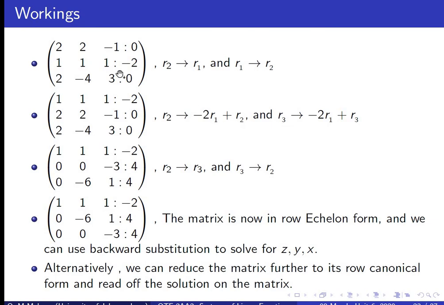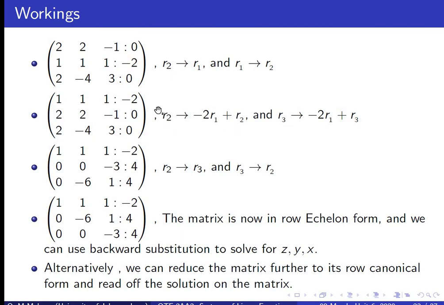Row 2 changes, but row 1 remains as is. -2 times row 1 is -2, plus 2, I get 0. -2 plus 2 is 0 again. -2 times 1 minus 1 is -3. -2 times -2 is 4. I add 0, I just get 4. So row 2 changed.